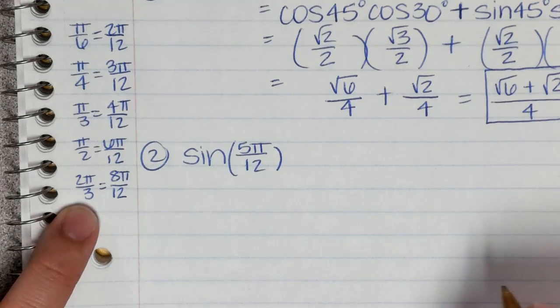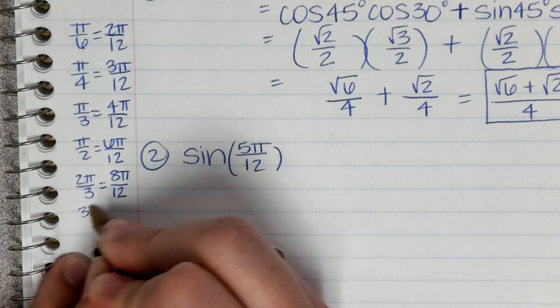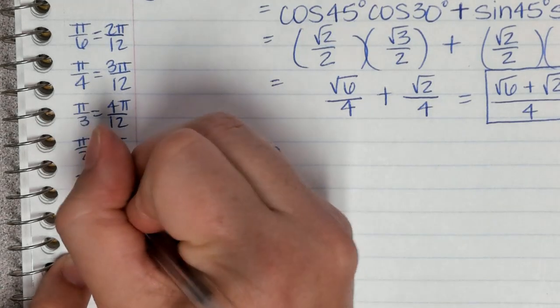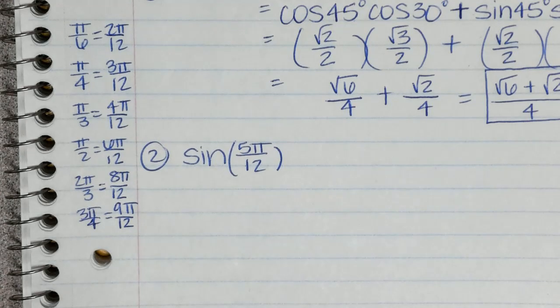Whatever you multiply the bottom by, multiply the top by the same thing. What comes next? 3 pi over 4 is 9 pi over 12. You could keep going, but we've done enough that you could pick out two.